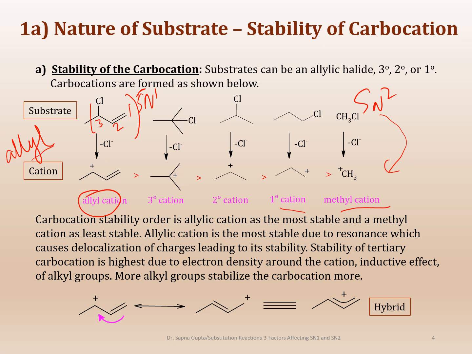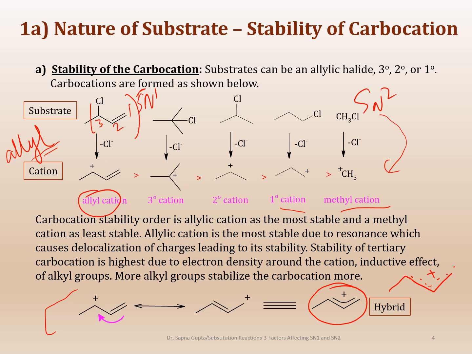So, the stability of the carbocation: why is it more stable? First, let me talk about the allyl, because that's what I've given you over here. What happens in the allyl cation is that you end up getting resonance. Remember, this is the resonance arrow. Because of that, there is delocalization. Here is the hybrid for that. And remember, we've drawn the hybrid in a different way before, and that was like this.